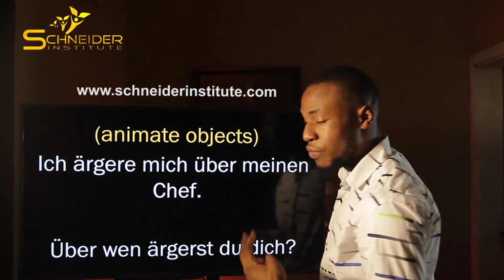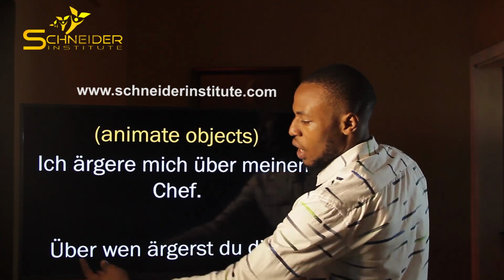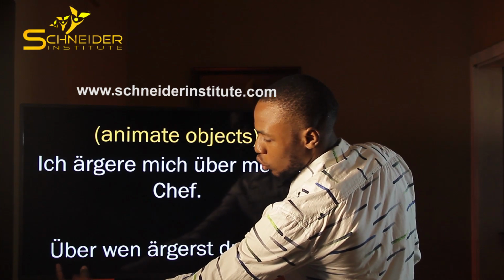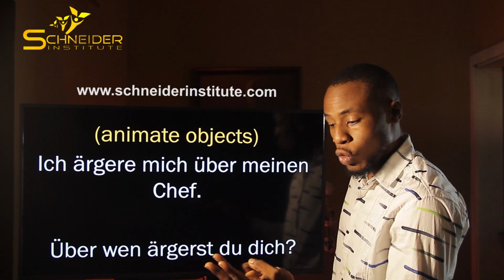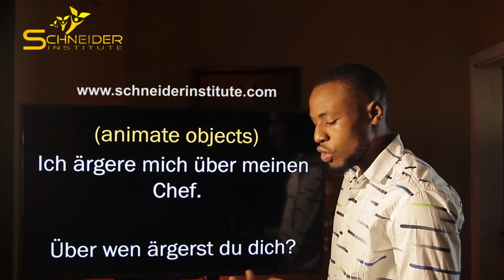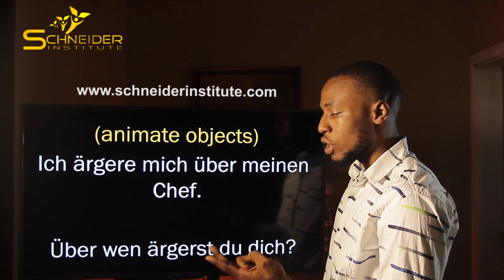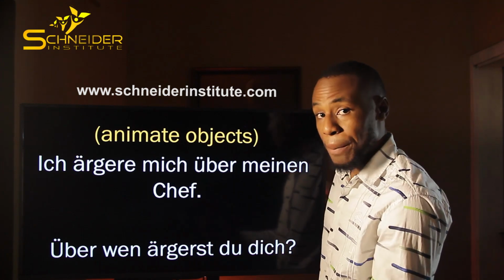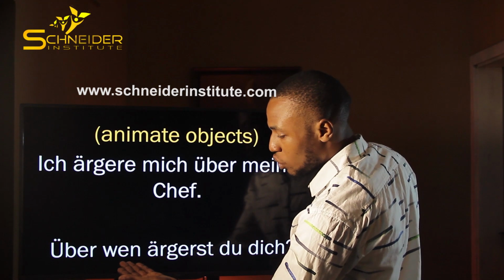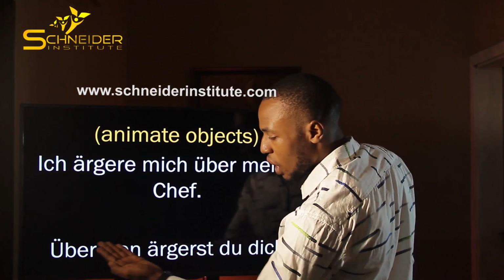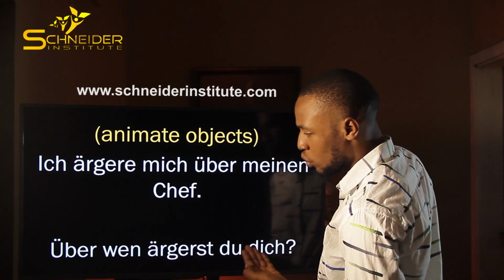And here it's wen because I have the preposition über, which is an accusative preposition. We have wer, who, which is nominative. We have wen, which is accusative. And we have wem, which is dative. So in this case, I have wen, which is accusative. So I have über wen ärgerst du dich.